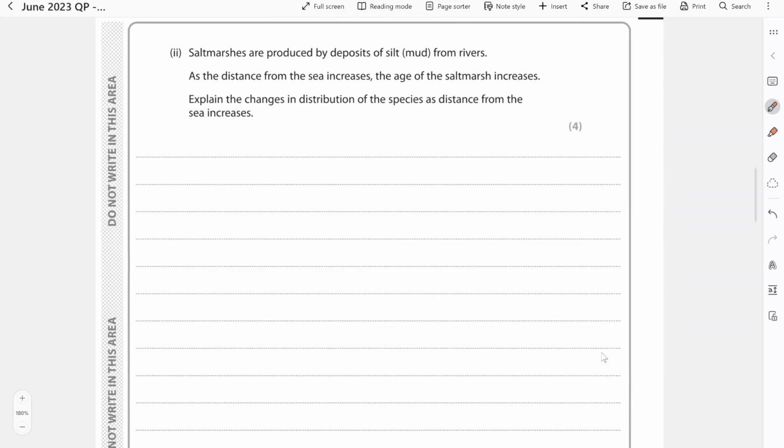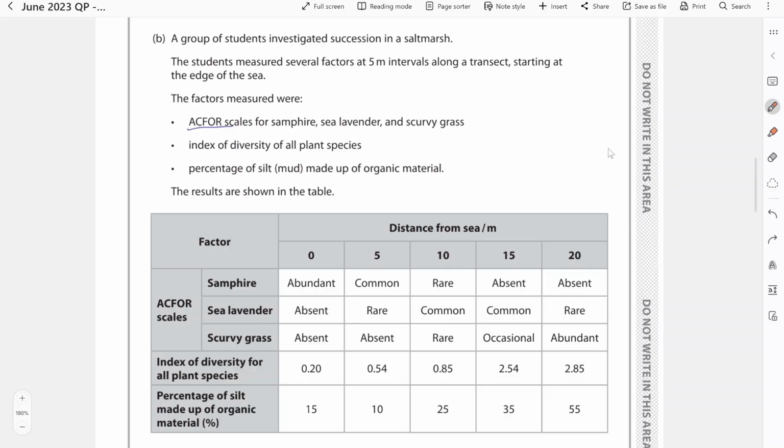All right, part 2. Salt marshes are produced by deposits of silt from rivers. As the distance of the sea increases, the age of the salt marsh increases. Explain the changes in distribution of the species as distance from the sea increases. All right, so again, this study is about succession, which is when a biological community changes over time.